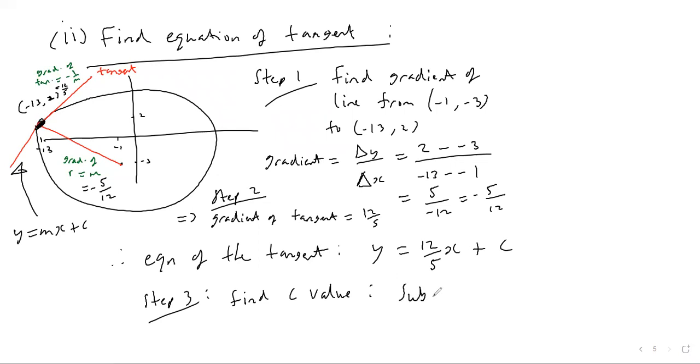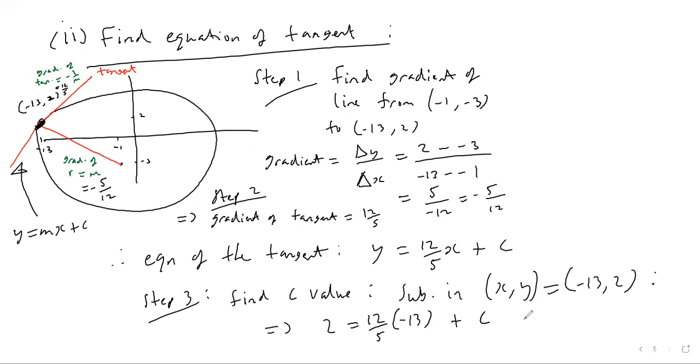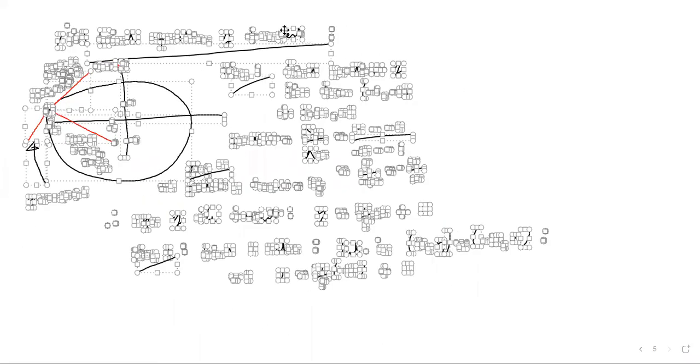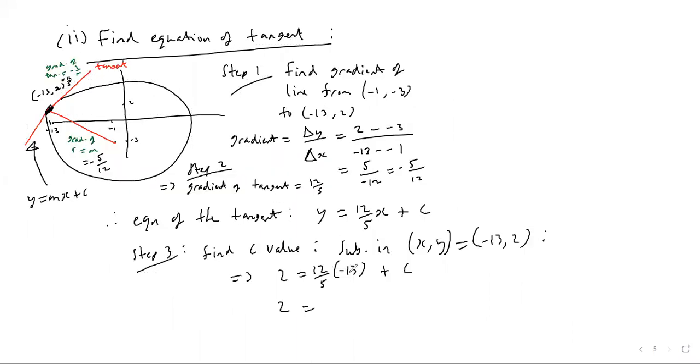So we sub in x and y equal to -13 and 2 into this straight line equation. If we do that, we get 2 equals 12/5 times -13 plus c. So 2 is equal to 12 times -13, which is minus 156, divided by 5.